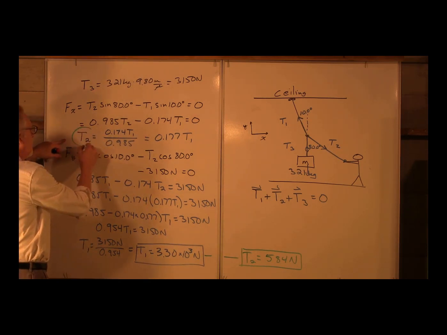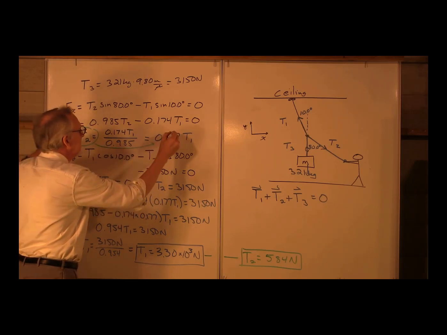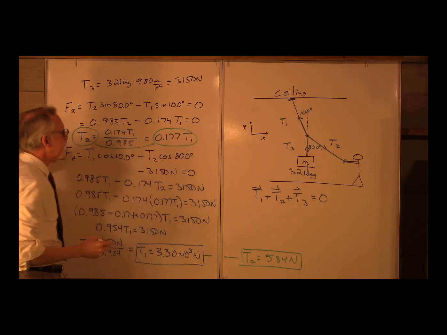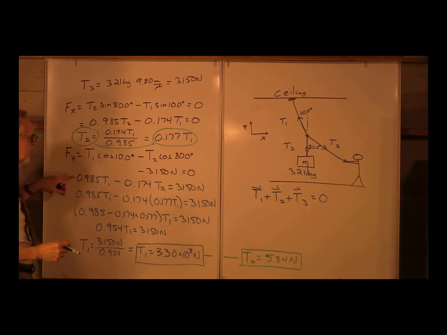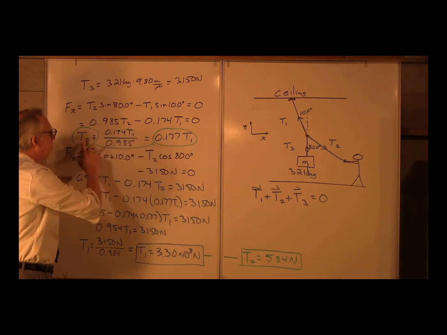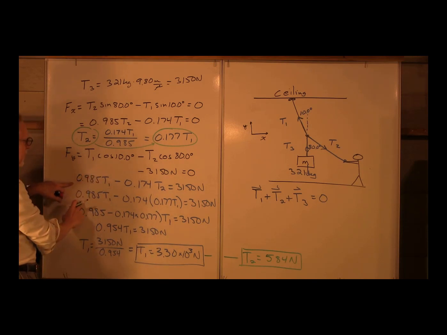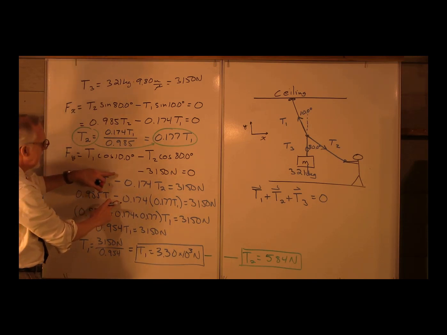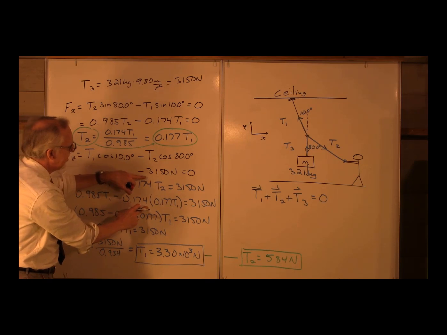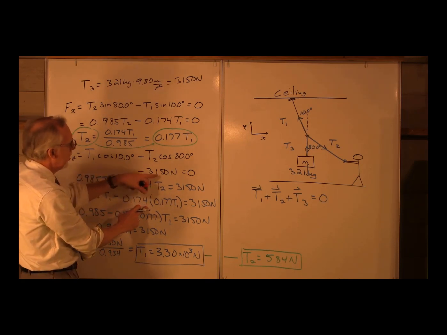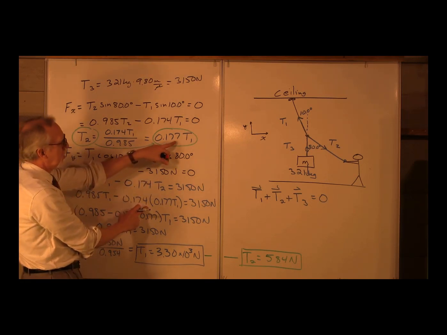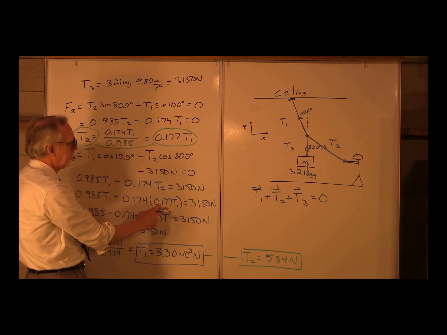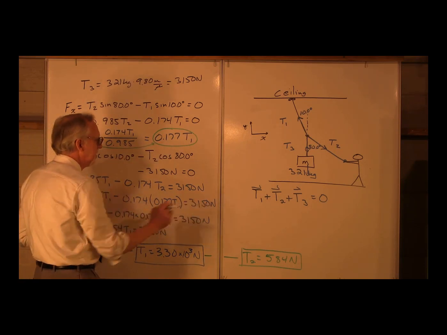Now let's take this quantity, T2 is equal to 0.177 T1. I'm going to rewrite this second equation, but I'm going to put in this for T2. So we have 0.985 T1 minus 0.174, but instead of T2, I'm going to put in 0.177 T1, and that equals 3150 newtons.